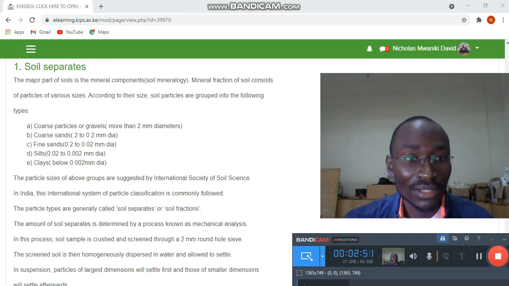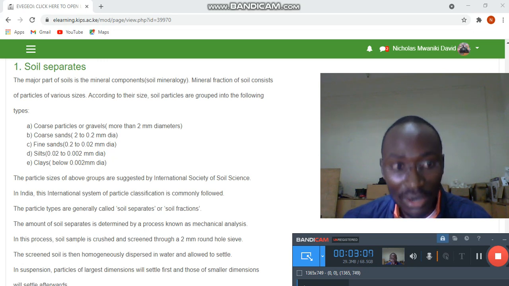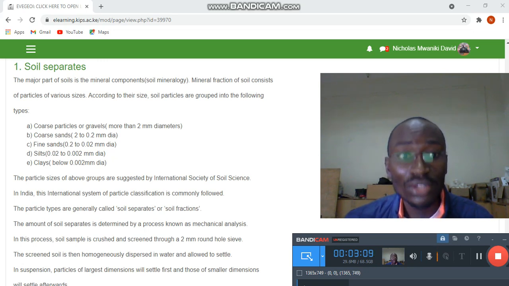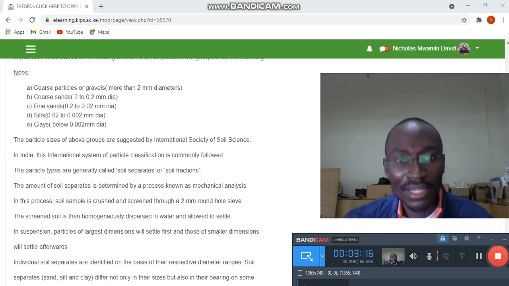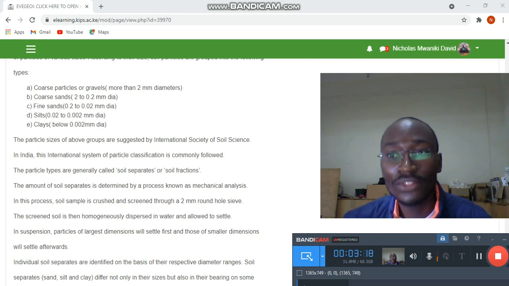We have the silts, which have a diameter of 0.02 to 0.002 millimeters. We have clay soils, which have a diameter below 0.002 millimeters. The particle sizes of the above groups are suggested by the International Society of Soil Science.